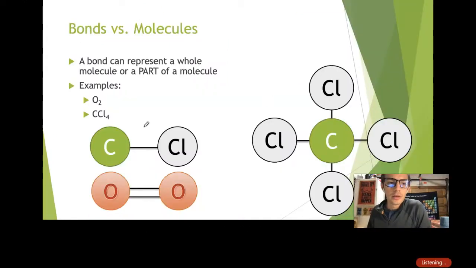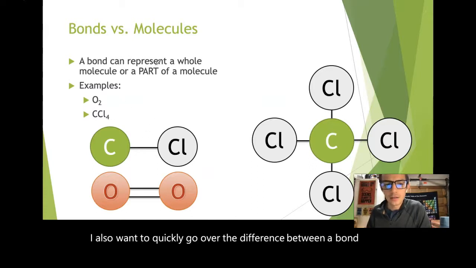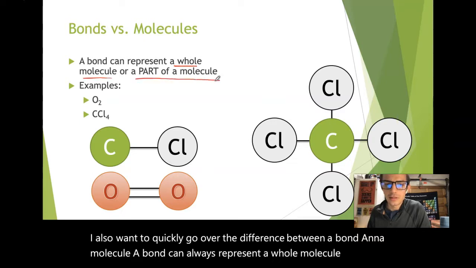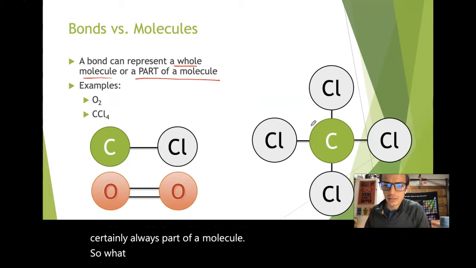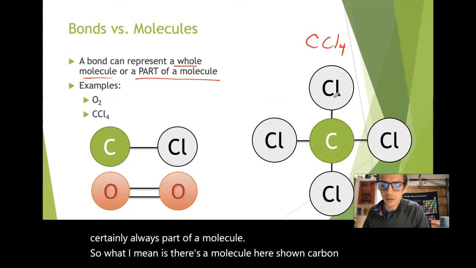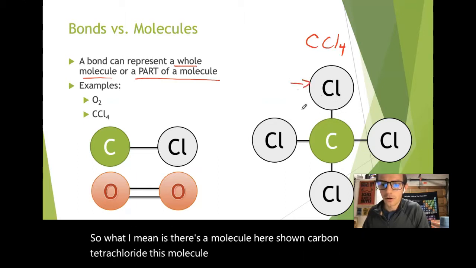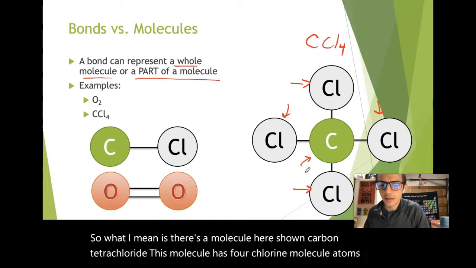I also want to quickly go over the difference between a bond and a molecule. A bond can sometimes represent a whole molecule, but it's certainly always a part of a molecule. So there's a molecule shown here, carbon tetrachloride. This molecule has 4 chlorine atoms around it and a carbon in the center.